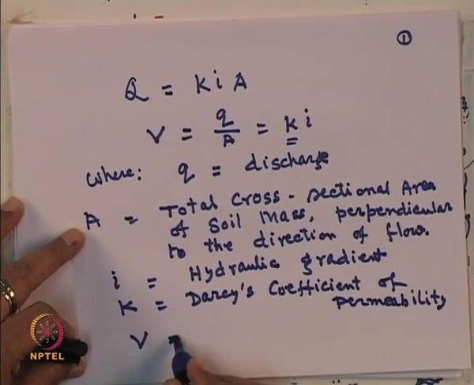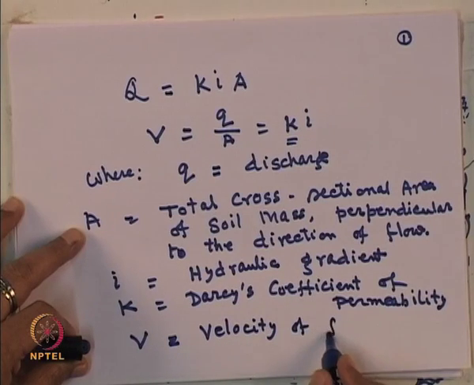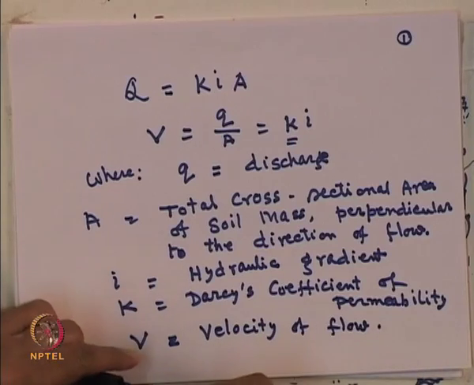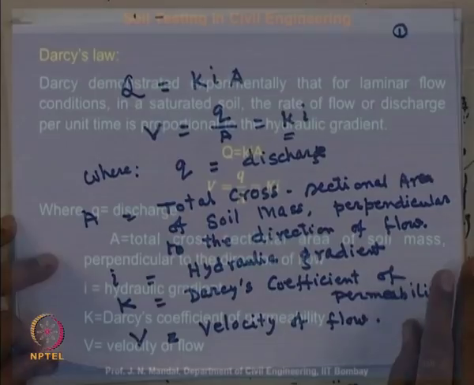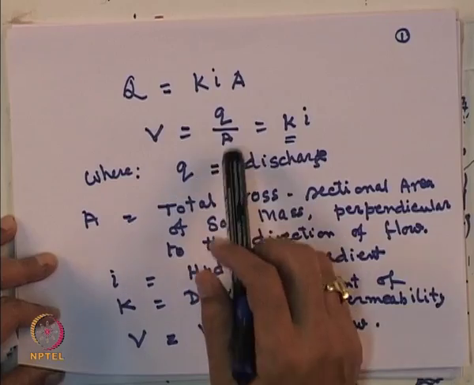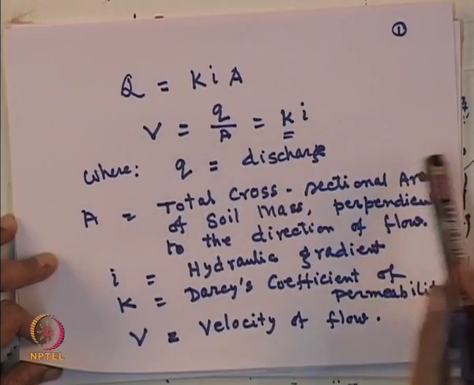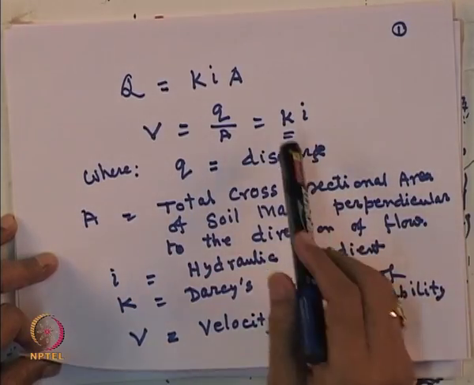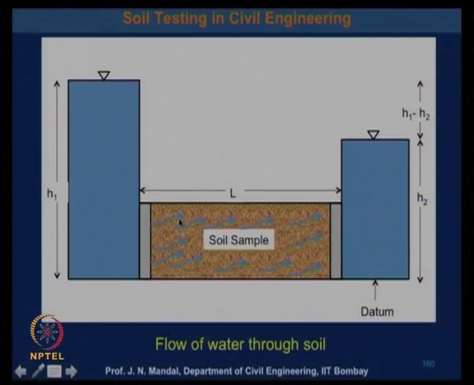And V is the velocity of flow. So, we use that Darcy's law. This equation is important: V is equal to Q by A is equal to K into I. You know what is I? Hydraulic gradient, and K is Darcy's coefficient of permeability, and V is the velocity of flow.